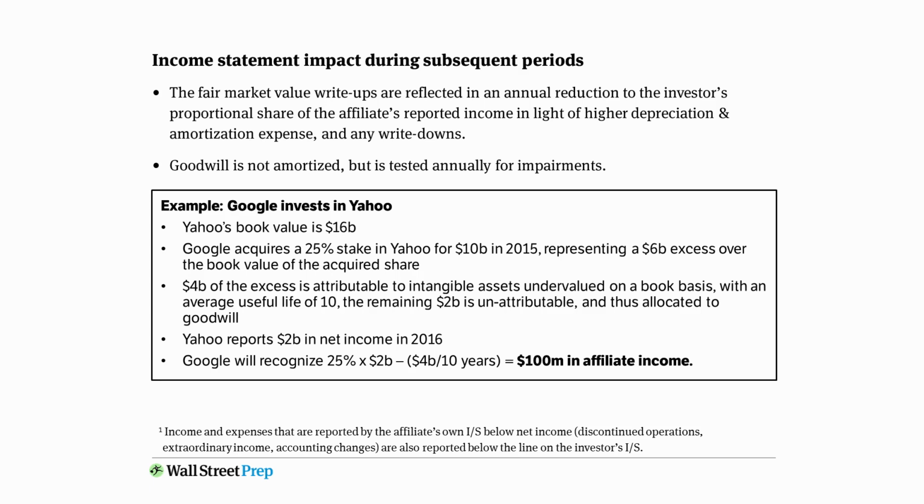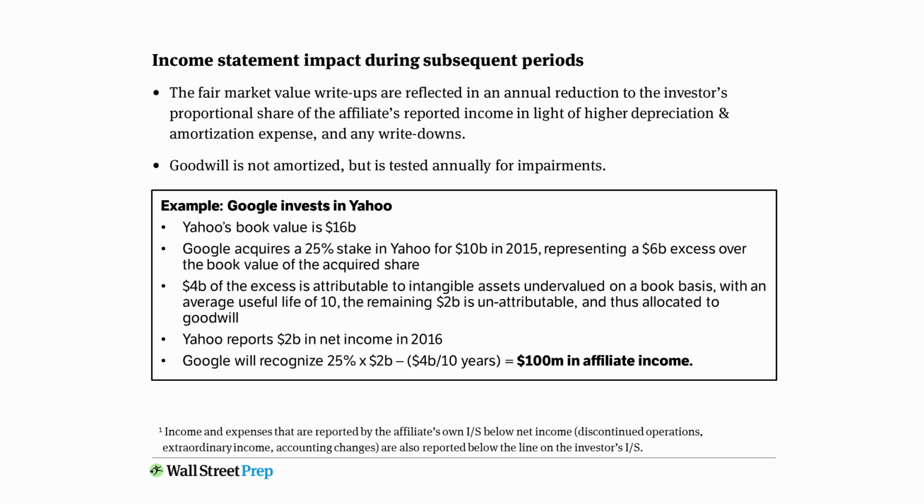But in the next year, Google is going to recognize on the income statement not 25% of $2 billion, Yahoo's reported net income, the way we had done in prior exercises when the book value exactly equaled the purchase price. Instead, they're going to adjust that 25% times $2 billion, or $500 million, down by the incremental amortization due to the write-up of intangible assets.